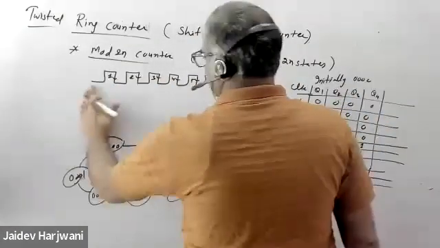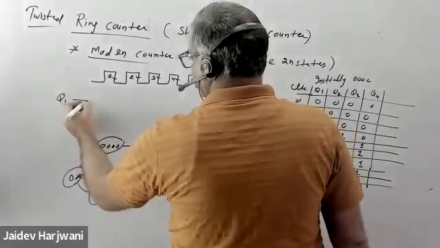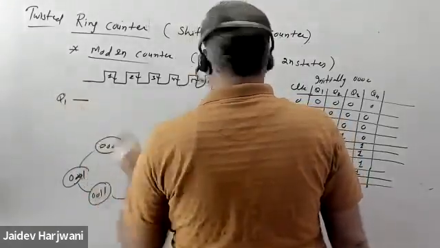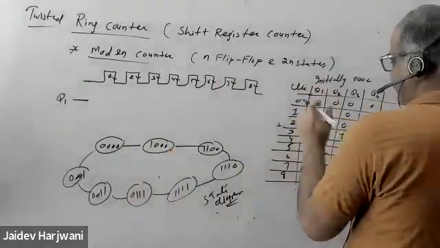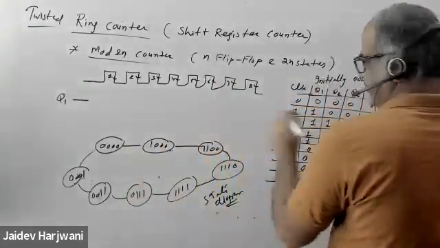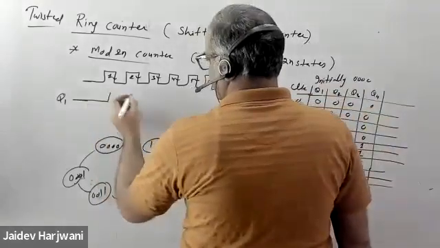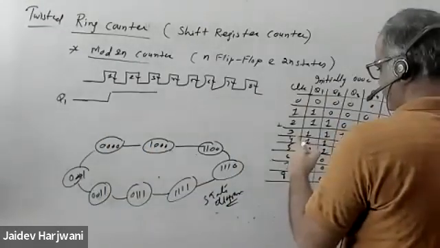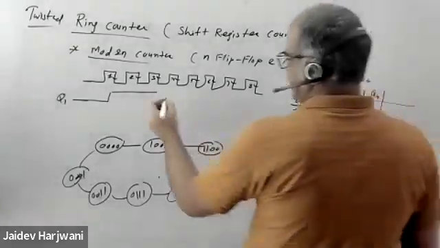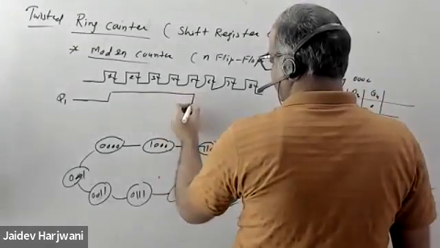If I want to draw for Q1, initially Q is 0, so at the first pulse Q1 becomes 1. For the second it is also 1, third is also 1, fourth is also 1. As the fifth comes it goes down, then it remains 0 0 0 0.